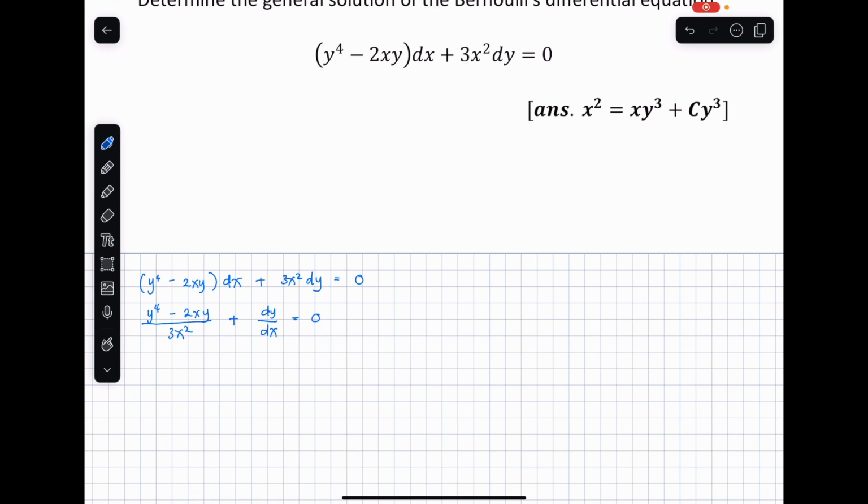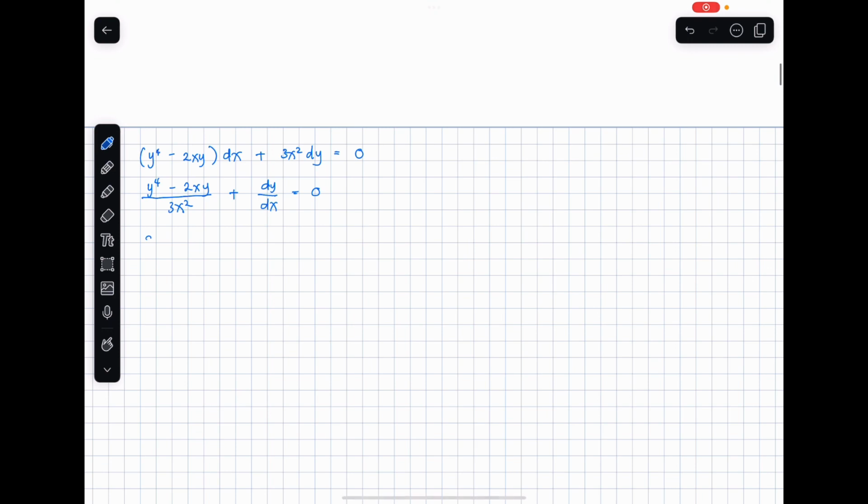Now that we have our dy over dx, I'm going to separate the first term into two terms, starting with dy over dx, then plus y to the fourth over 3x squared, then minus 2xy all over 3x squared is equal to 0.